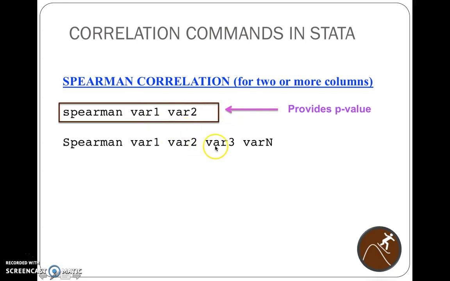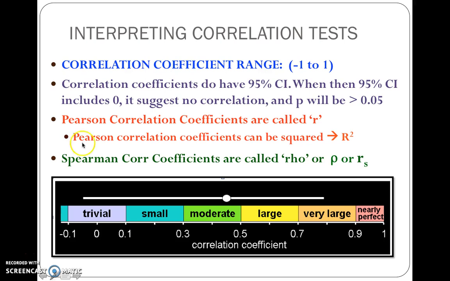If you put all three variables or four or five variables behind spearman, it will not give you p-values, it'll just give you coefficients. And this may make a difference where PowerPoint auto-capitalizes this. A capital S may not be good. You may want it to be all lowercase. I don't know.